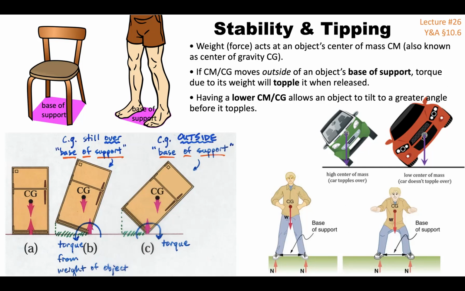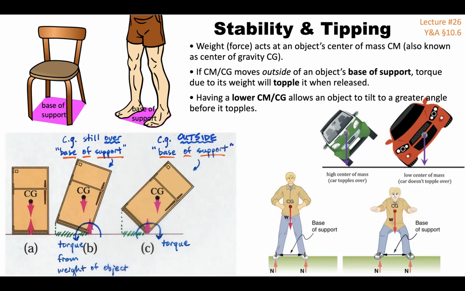The same thing is true of the sports car with the very low center of gravity. This sports car would have to be tipped up to maybe 60, 70, 80 degrees before the center of gravity passes beyond this tire here. Whereas this could be a Jeep or an SUV, a relatively tall vehicle where maybe the wheels are even close together, and so the center of gravity can very easily pass outside of the base of support even when it's only tipped by less than 45 degrees, for example.